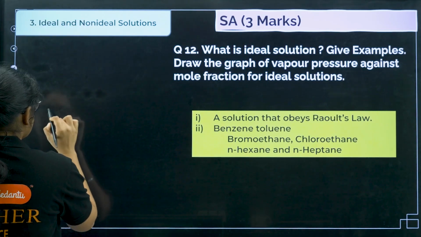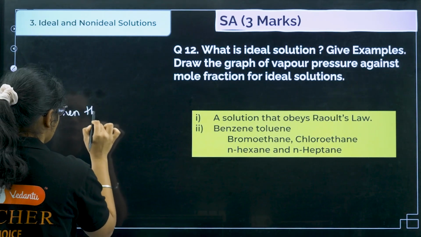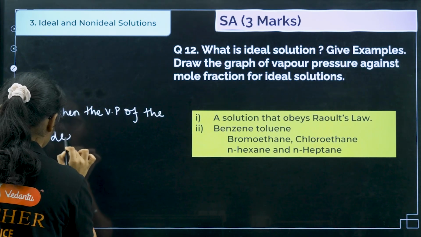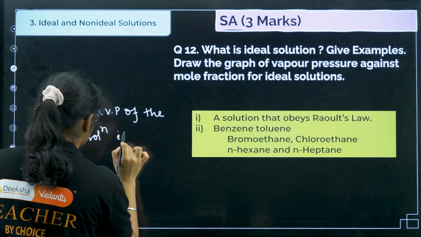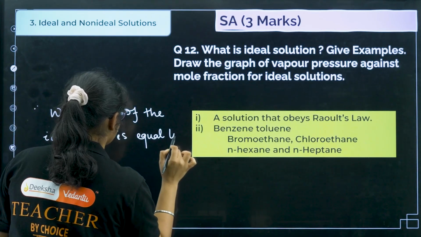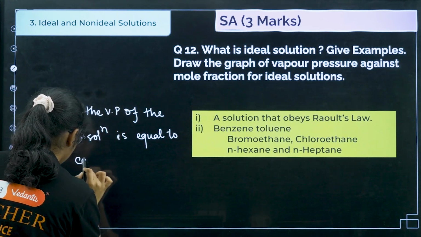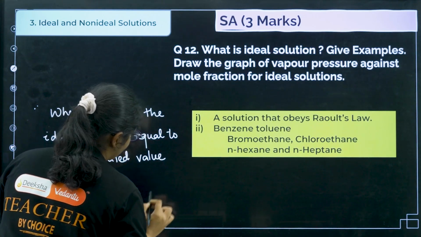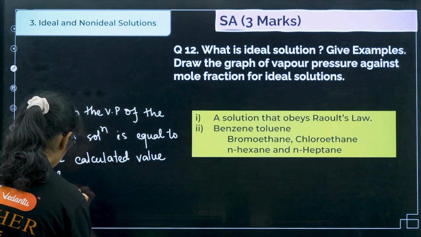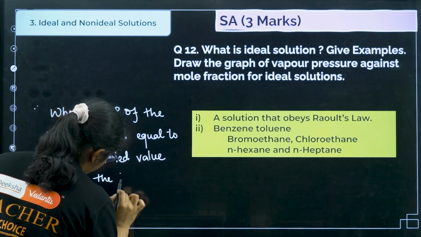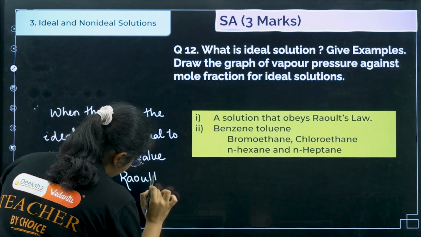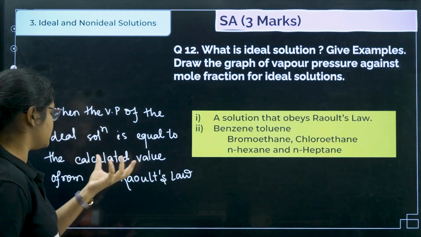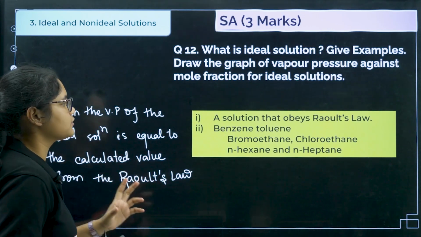When the vapor pressure of the ideal solution is equal to the calculated value from Raoult's law, it is called an ideal solution.